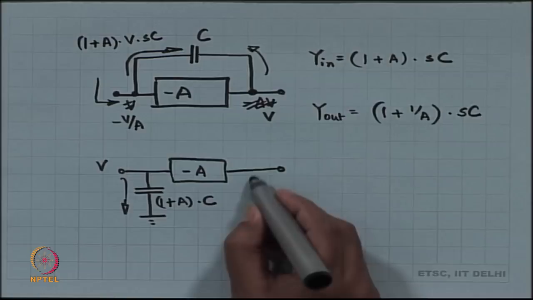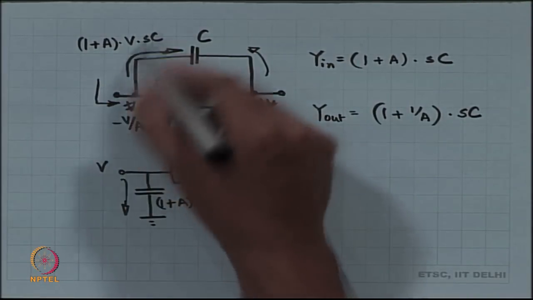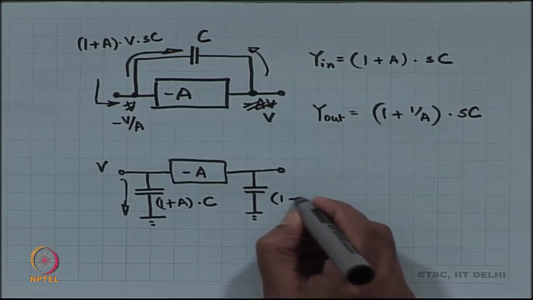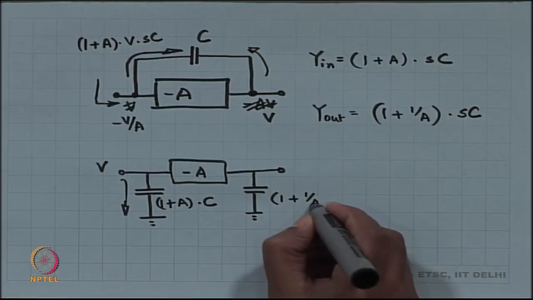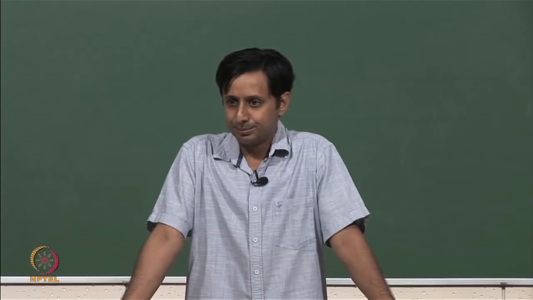And that means that you could simplify a circuit that looks like this and redraw it in this fashion. So, this is called Miller's theorem.